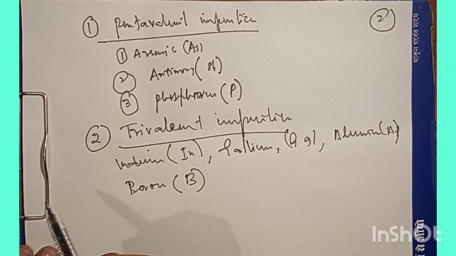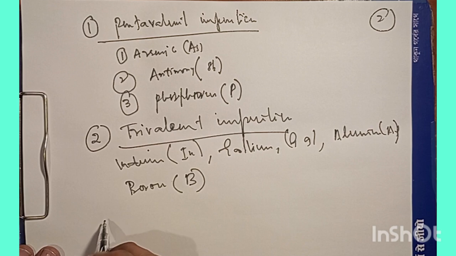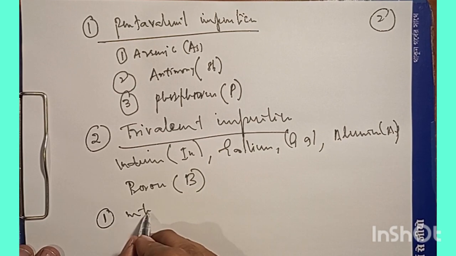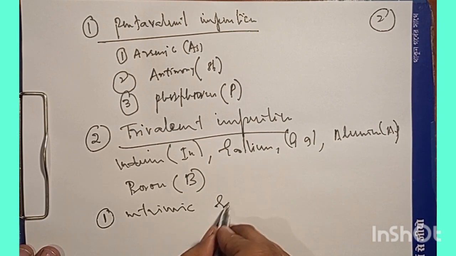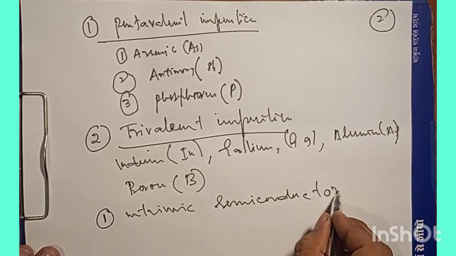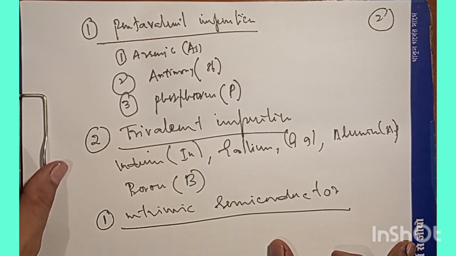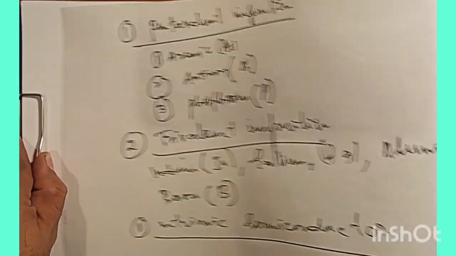Now, when we dope a parent intrinsic semiconductor, let us take a formal lattice for an intrinsic semiconductor that's made of silicon atoms.